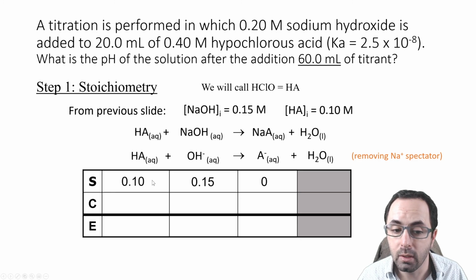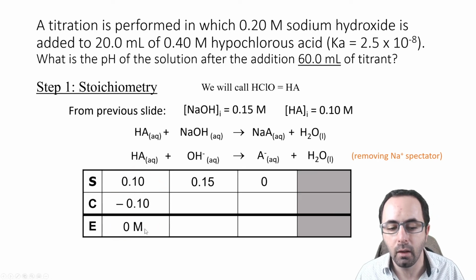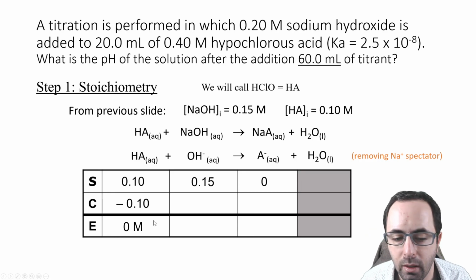Now, actually, it's the weak acid that's going to run out first, so we can't use up all the hydroxide. This is going to react till one of these two runs out. What's going to run out this time is the HA. So our X here is going to be 0.1 minus 0.1. That leaves us with 0 of the weak acid, so the reaction cannot go any further.